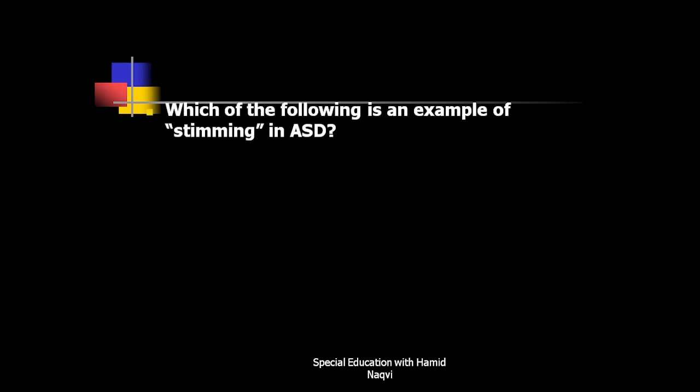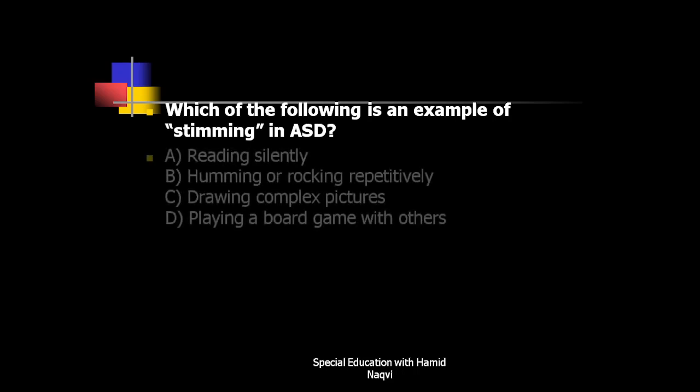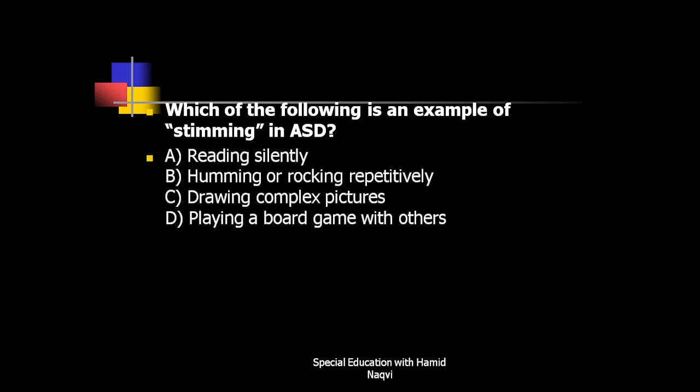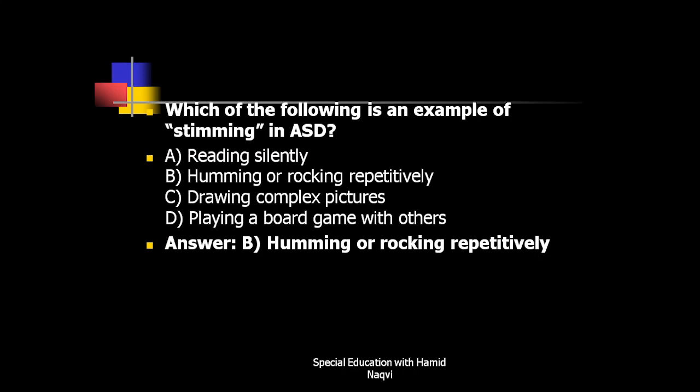Which of the following is an example of stimming in ASD? Reading silently, humming or rocking repeatedly, drawing complex pictures, playing a board game with others. Answer is B, that is humming or rocking repetitively.